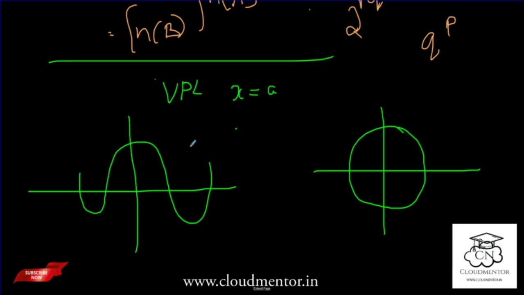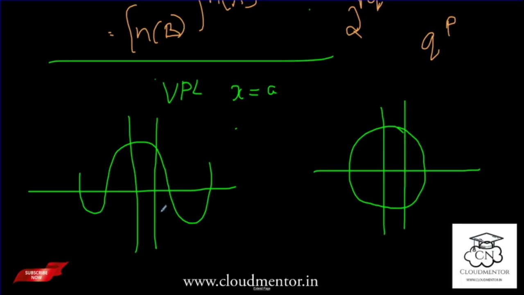So if that line intersects the graph of that function at more than one point, then it is called a relation, and if it intersects only at one point, then it is called a function. So let's draw a test line here. I have drawn a test line which must be parallel to the y-axis, and another one I am drawing here also.